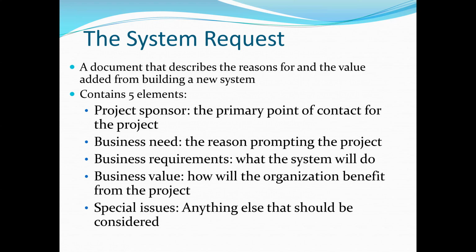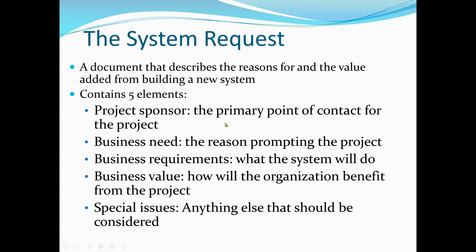The project sponsor usually completes this form as part of the formal system project selection process within the organization. Now, most system requests include 5 elements: the project sponsor, business need, business requirements, business value, and also special issues.